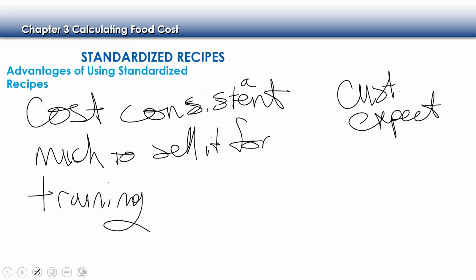What else? If we have a recipe, it should tell us the yield. Exactly. So the yield, how much we're actually going to get from that recipe. So the number of servings.